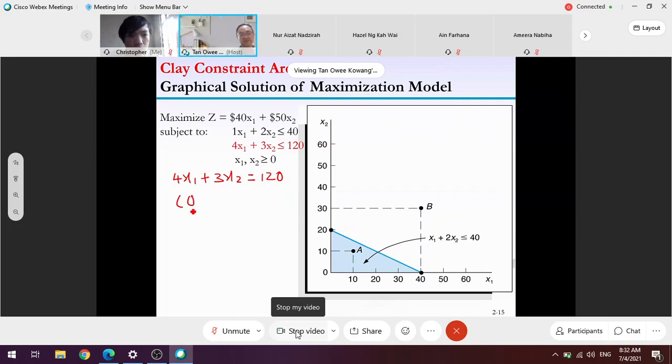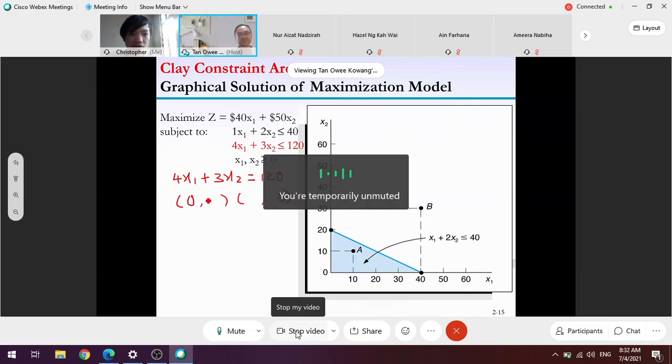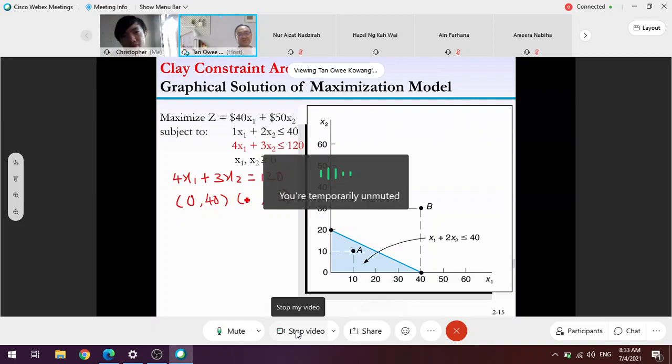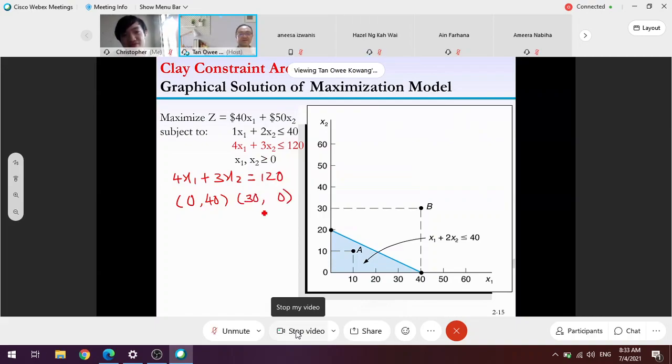The first point is x1 equal to 0. The second point is x2 equal to 0. So when x1 equal to 0, what is x2? 40. How about when x2 equal to 0? 30.